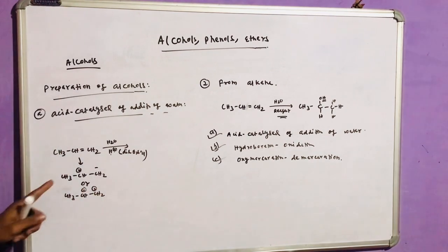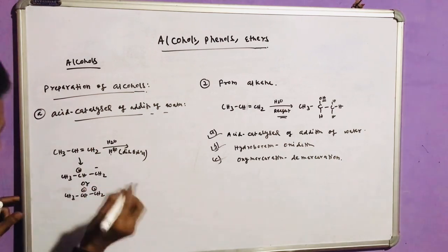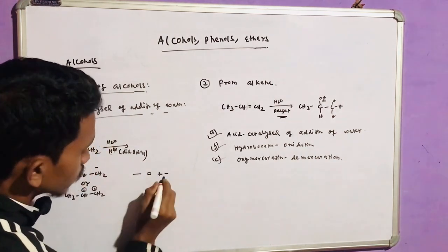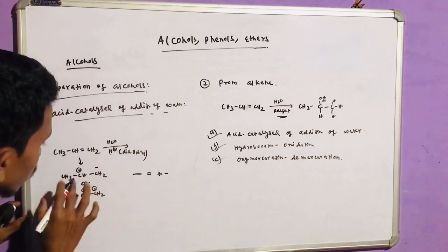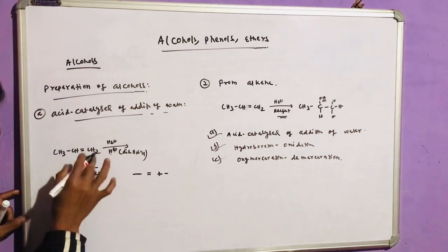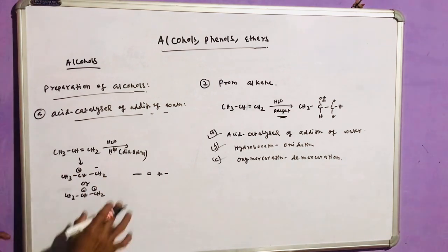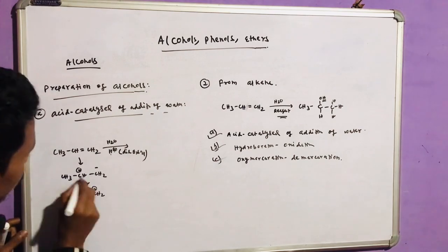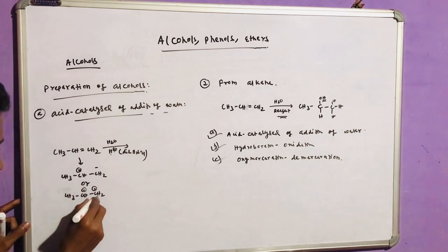So the double bond can break in two ways, giving plus and minus on either carbon. When H plus comes near to this double bond, it breaks. Now we have to look at which is more stable. Generally a carbocation is forming.